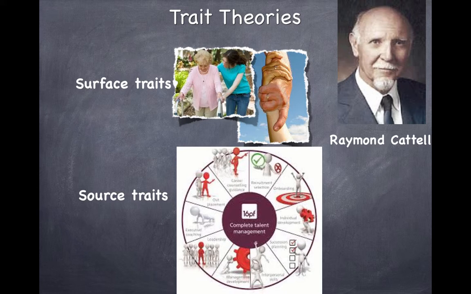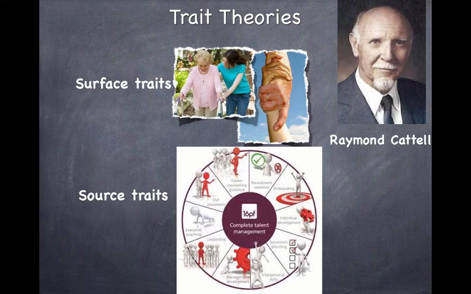Helpful, honest, kind seem to occur together, and that would be considered a surface trait. Whereas source traits are deeper, more general, underlying personality factors. He found 23 source traits in a normal individual, he felt. He studied 16 of them via the 16 Personality Factor Questionnaire. The amount of source traits varies individually, for example, intelligence.